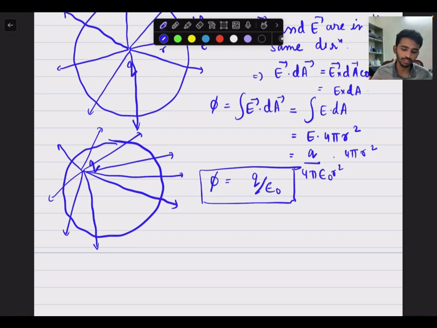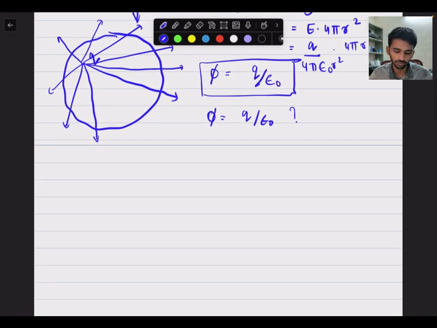And in this case, we can see that the field would not be the same at all the surface points, which makes the integration to find the flux very difficult. But we know that by Gauss law, the flux should be equal to q by epsilon naught even in this case. So now how do we prove that? So let's see the proof now.